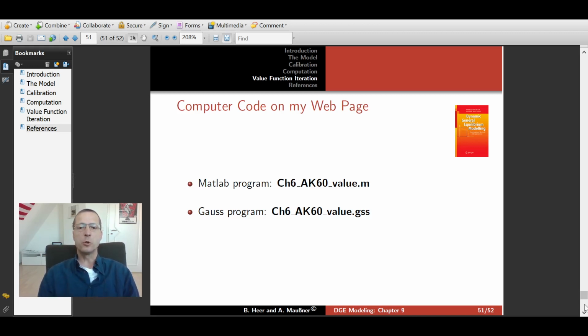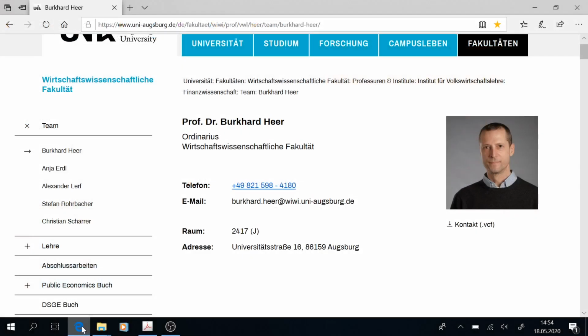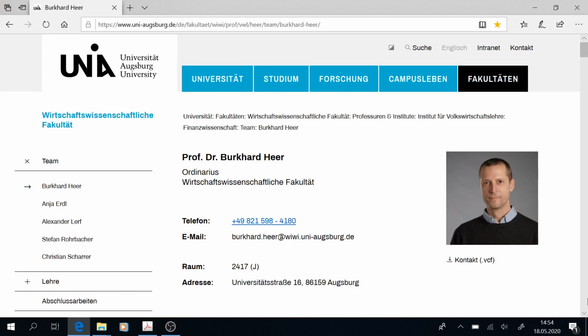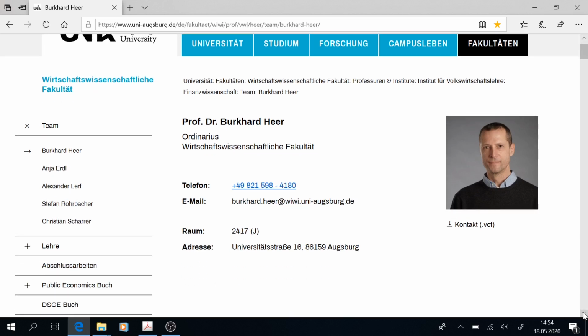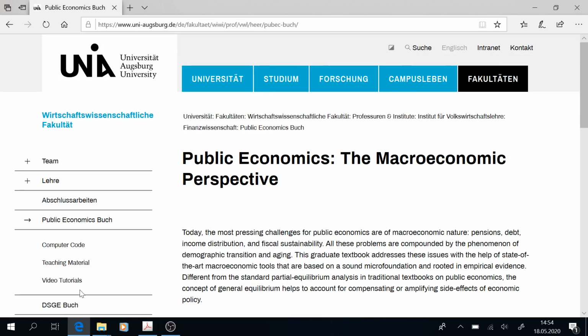Now let me show you where you can download the GAUSS code. Therefore, we go to my home page. I'm sorry, it's still in German, so the university is building up the English-speaking sites. And you go to the home page of my book on public economics, where you find the material on the book.